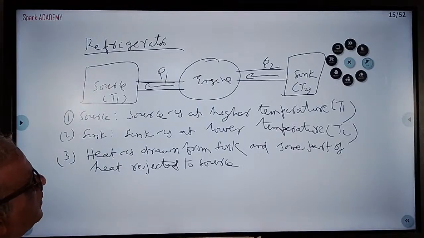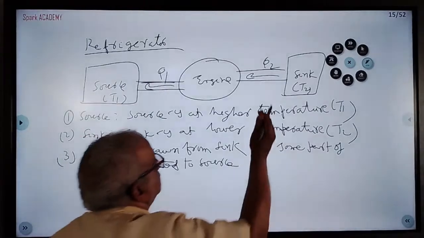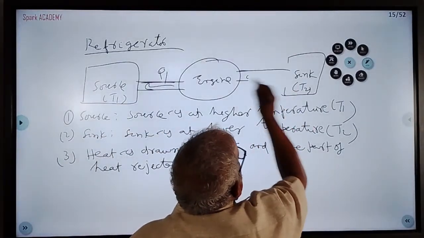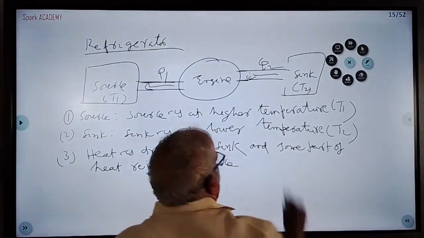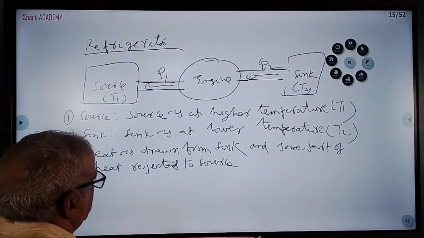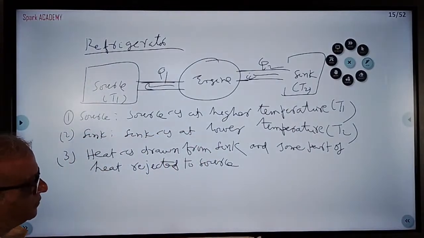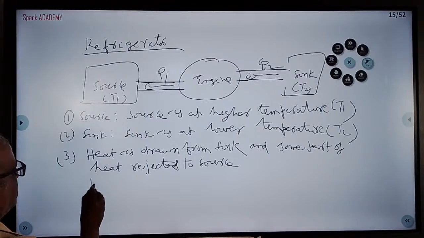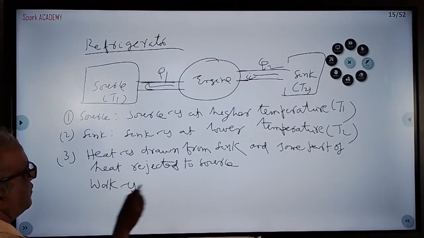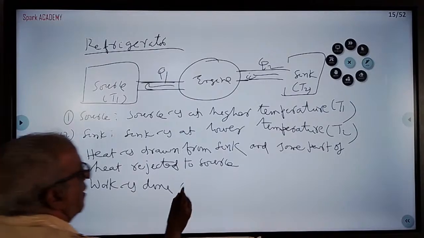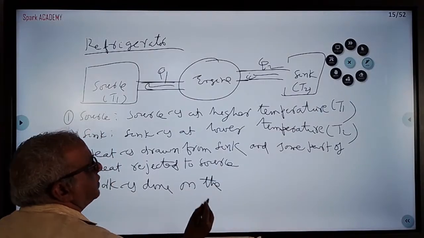Q2 is the heat drawn from the sink, as you see in the diagram. Q1 is the heat rejected to the source. We reverse here. Work is done on the system. This is important. Work is done on the engine system.